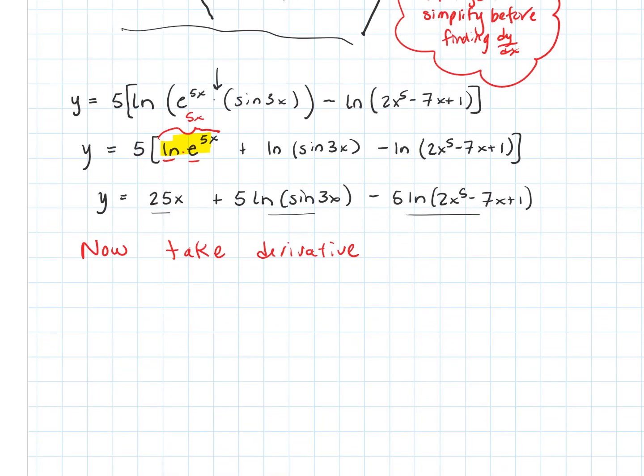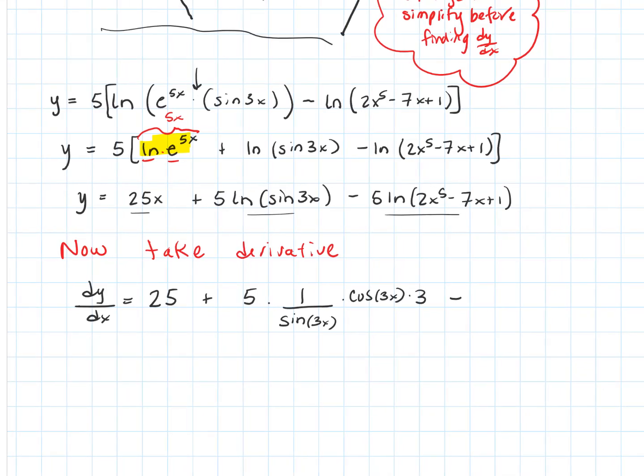And the derivative dy dx, or y prime, is going to simply be 25 for that first term. For this next term, it's going to be 5 times 1 over the sine of 3x times the cosine of 3x times 3.